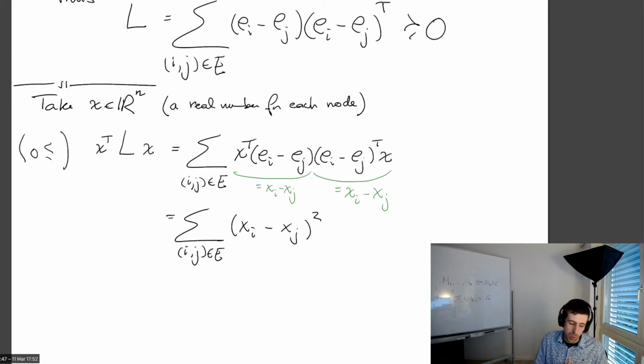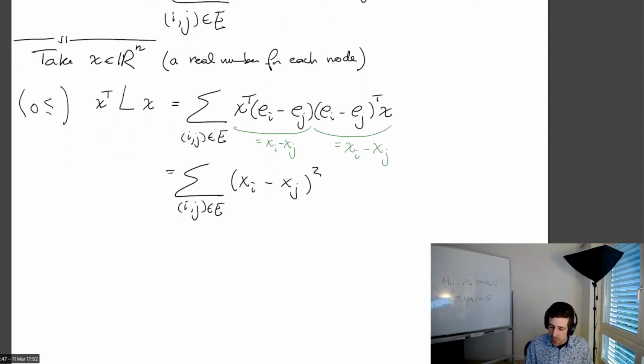That's where the name comes from. But what do we learn also immediately from here? If you want to remember one thing about the graph Laplacian, this is it. This is more important than what actually the entries are. It is the matrix whose quadratic form gives you this. The fact that the entries are very simple to represent is an added bonus. This is really what this object is.